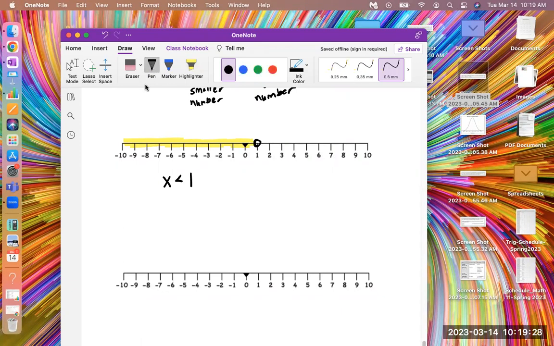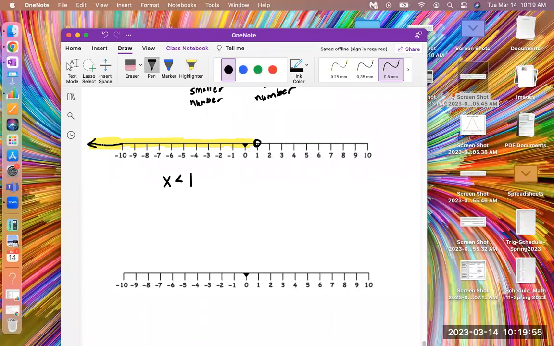Okay, if you want to write it in interval notation, which is really what we want to do, it gets a little bit weird. In interval notation, I do want to notice that this number line is really going on forever. We want all numbers, not just the ones that we have on our number line, we want all numbers that are less than 1.